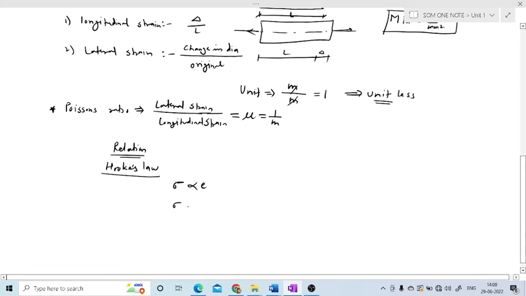If I remove this proportionality, then we have to put one constant, and that constant is modulus of elasticity. So stress is equal to modulus of elasticity into strain. This modulus of elasticity is also called Young's modulus. So this formula provides the relation between stress and strain.